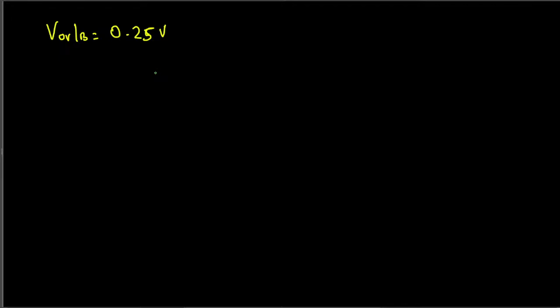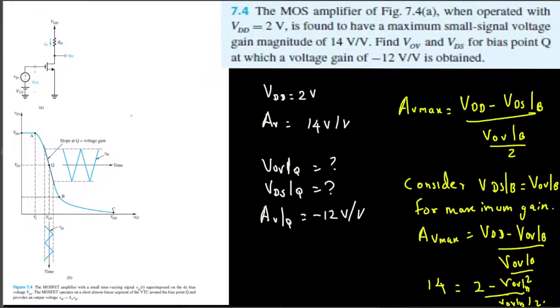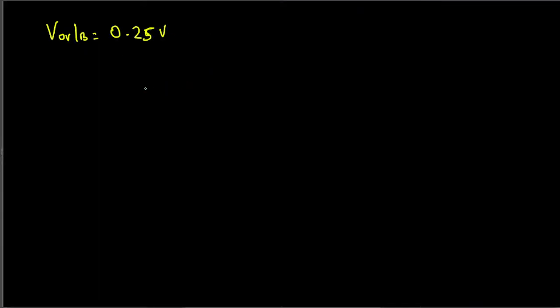The next thing is we are particularly interested in finding VOV at Q. Why this is useful is because there's an equation for the gain again, given by AV is equal to minus KN VOV RD, and this VOV depends on which region you are in. For VOV at point B, that's going to be different, and at point Q, that's going to be different.